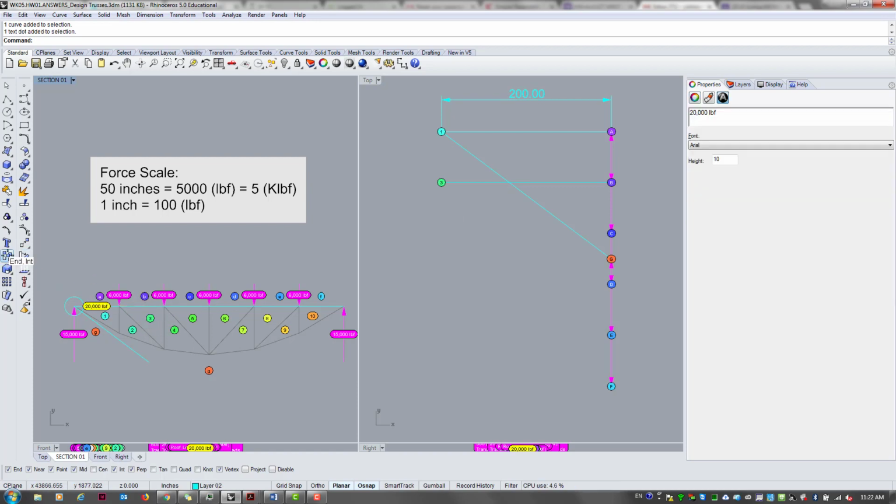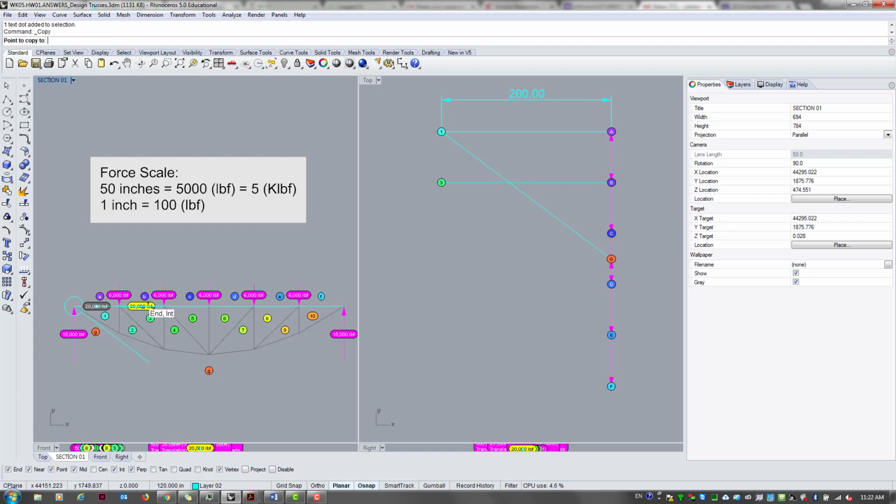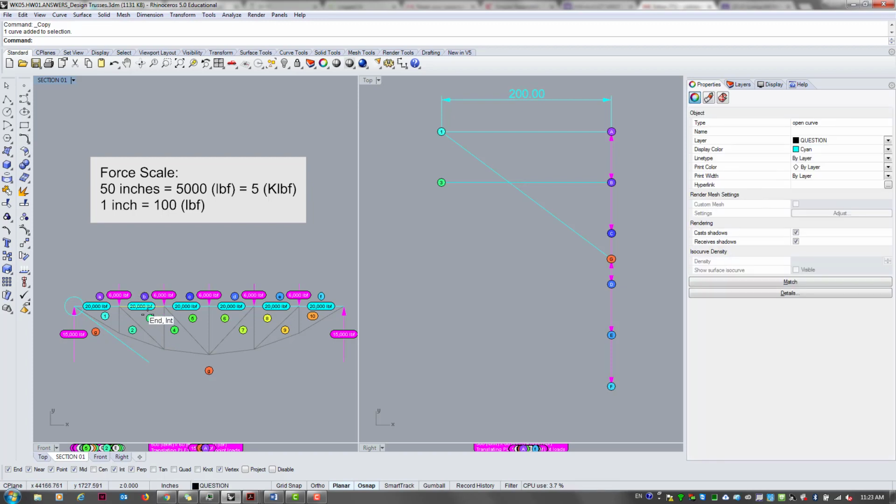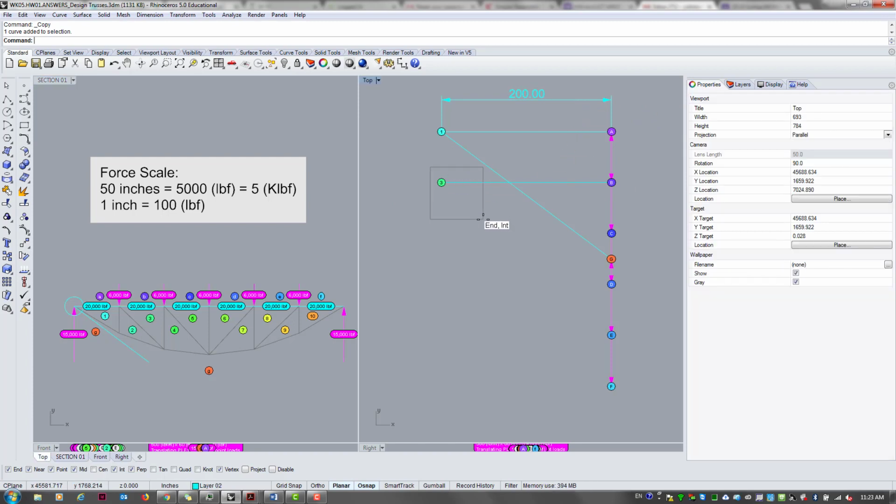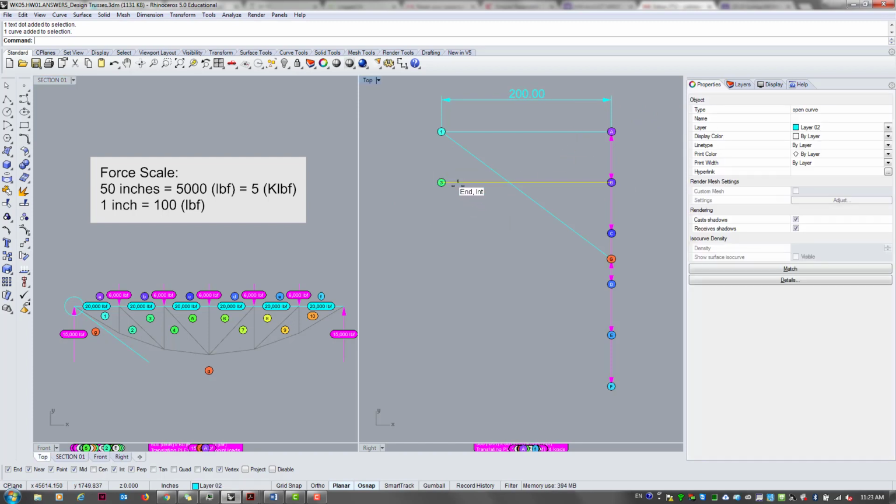Let me copy all of that, because we determined that each of these top chords should have the same exact internal force, which is 20,000 pounds. So the second horizontal on B3 on the force diagram should also read as a horizontal line with the length 200 inches. So 3 you can determine to be here.